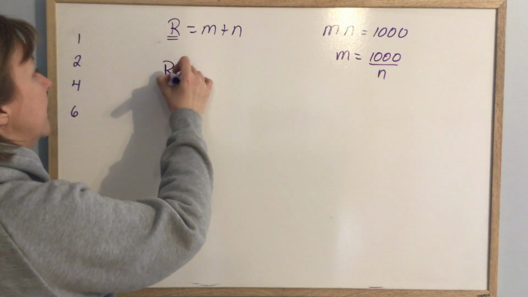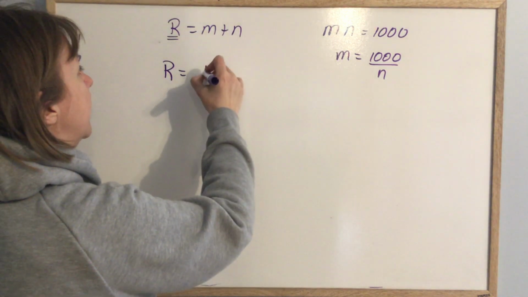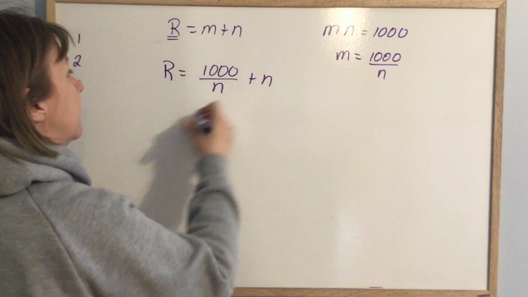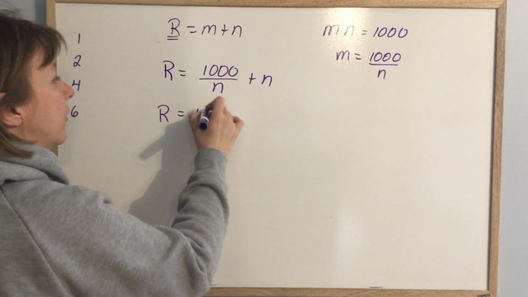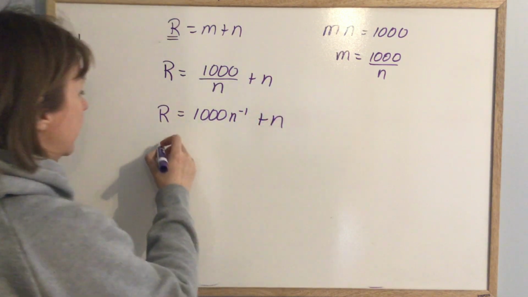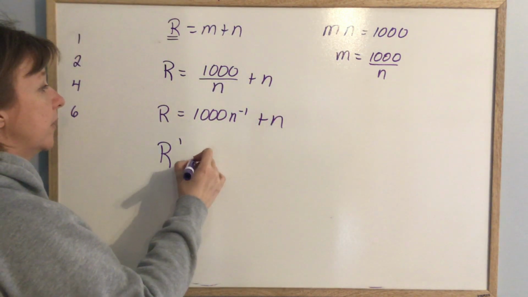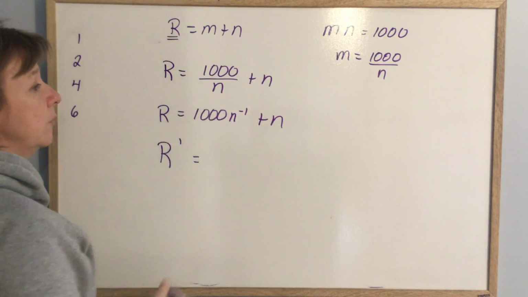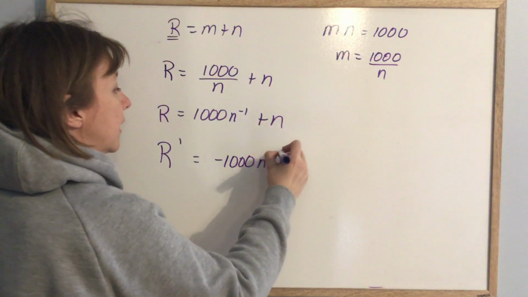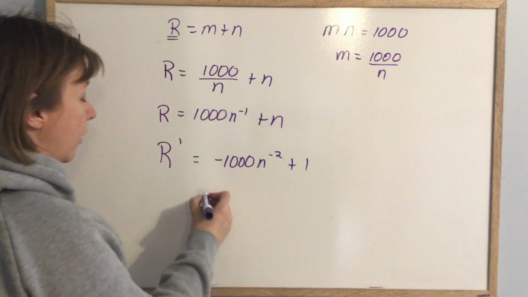And I'm going to replace that here. Instead of putting M, I'm going to put 1,000 over N plus N. Now I'm going to write that as 1,000 N to the negative 1 plus N, and then find the derivative. If I bring the negative 1 down, that's going to be negative 1,000 N to the negative 2 plus 1.